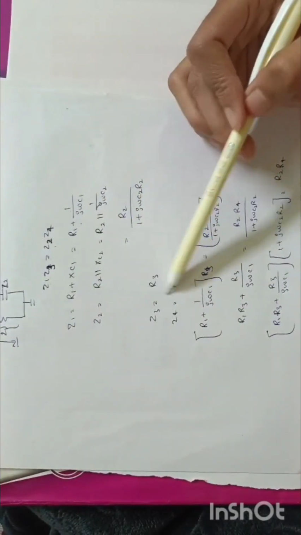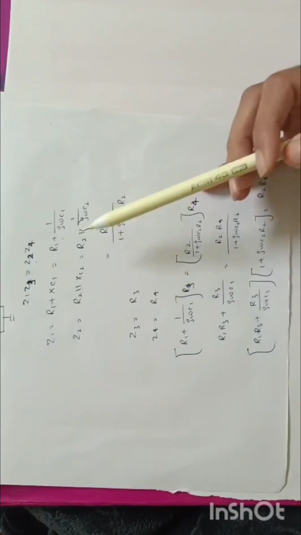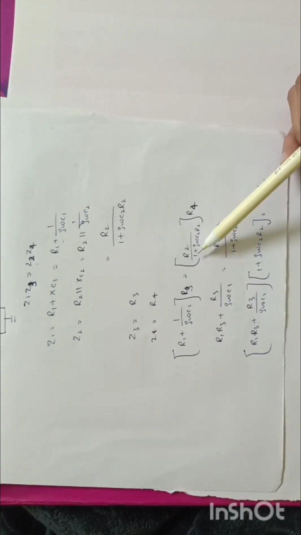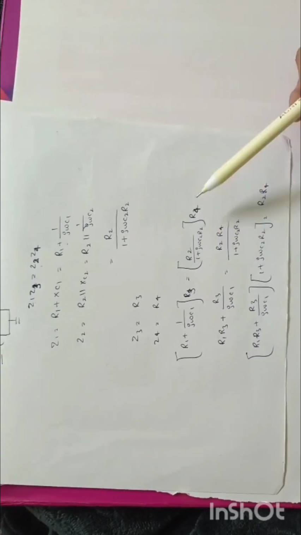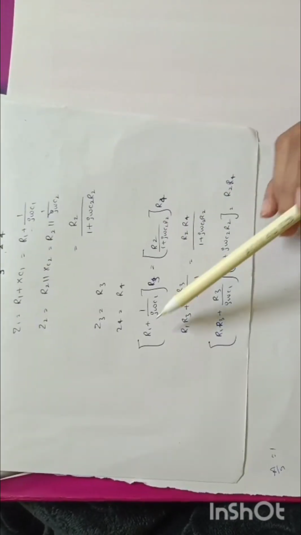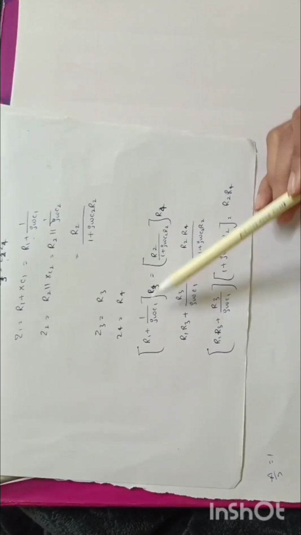Let's substitute all these values in this equation. R1 plus 1 by j omega C1 into R3 equals R2 by 1 plus j omega C2 R2 into R4. Multiply R3 with this term and R4 with this term. Here we got the equation R1 R3 plus R3 by j omega C1.